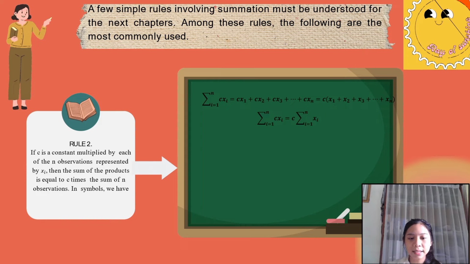In this case, the sum of all C x_a for a equal to 1 to n is equal to C times the sum of all x_a for a equal to 1 to n.